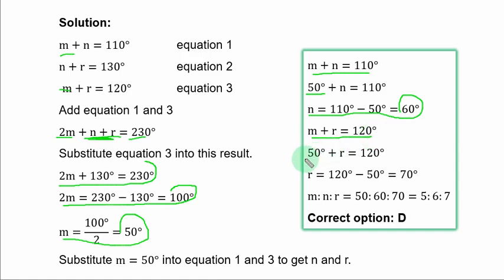You replace m with 50 degrees plus arrow equal to 120 degrees. Arrow is therefore 120 degrees minus 50 degrees, and that is 70 degrees. So you have m ratio n ratio arrow is equal to 50 ratio 60 ratio 70. Divide through by 10. You have 5 ratio 6 ratio 7. D is the correct option.